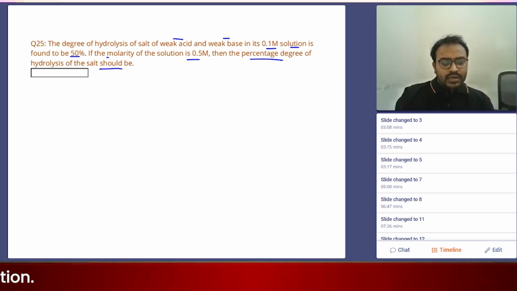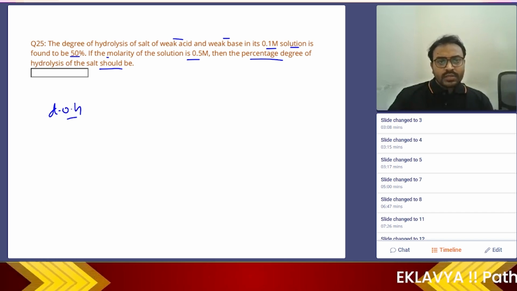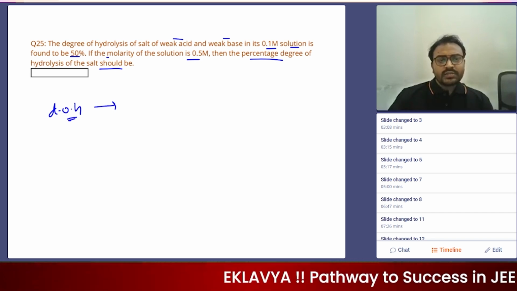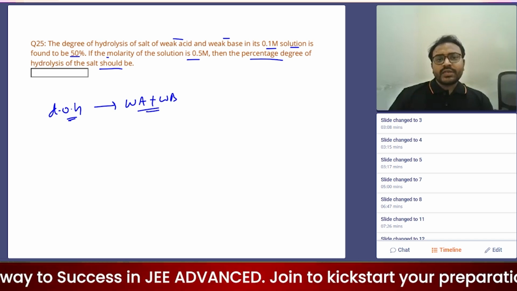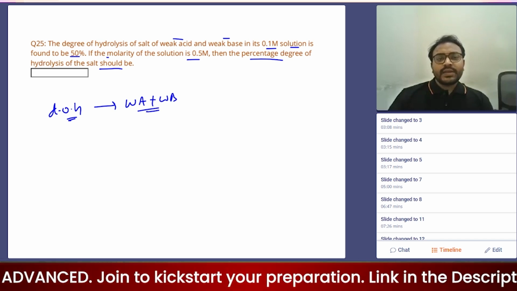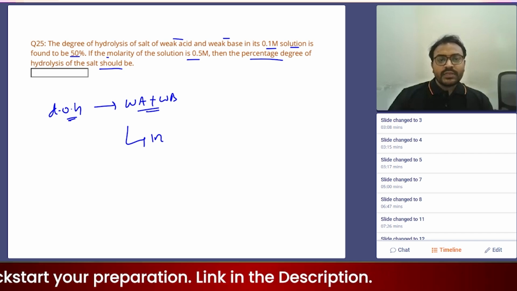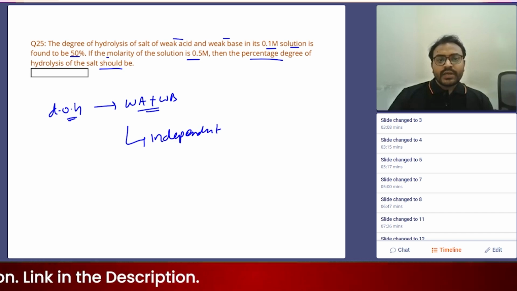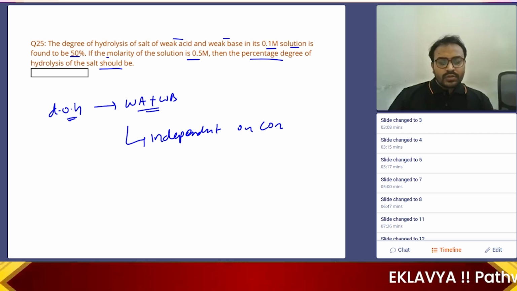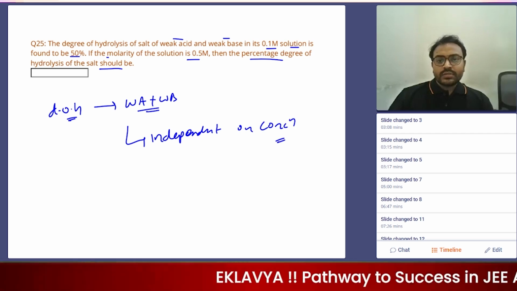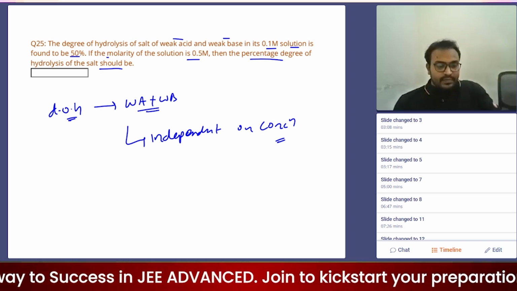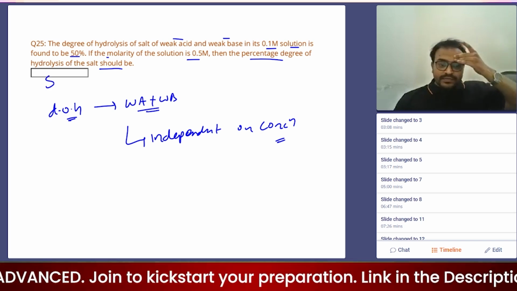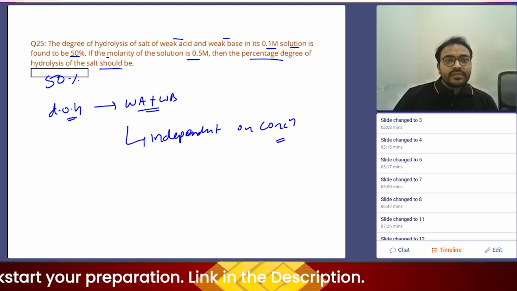So remember, the degree of hydrolysis for a salt of weak acid plus weak base doesn't depend upon the concentration. It is independent of concentration. So that's why the degree of hydrolysis remains the same. It should be the same only. So that is 50%.